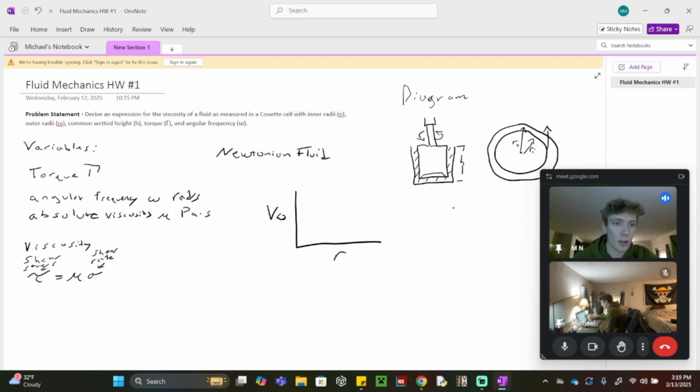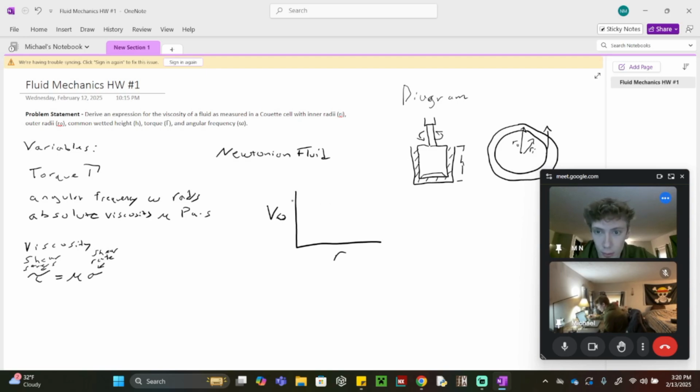So due to something called the no-slip boundary condition, the fluid that is touching our outer radius will not be experiencing any velocity, but the fluid touching our inner radius will be experiencing the angular frequency times Ri as our velocity.